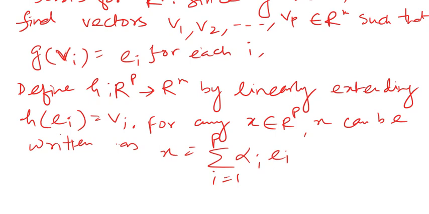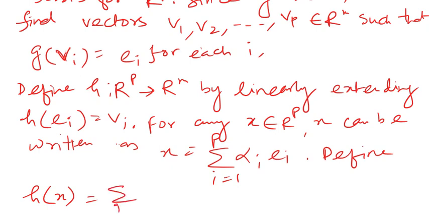That means to define h(x) equals summation i equals 1 to p alpha_i vi.